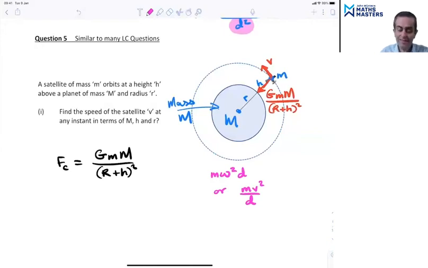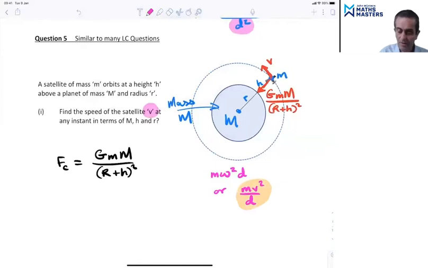Now, we've been asked to calculate the speed, and obviously the one that calculates speed is this one here. The other one we would use if we were looking for omega, the angular velocity.